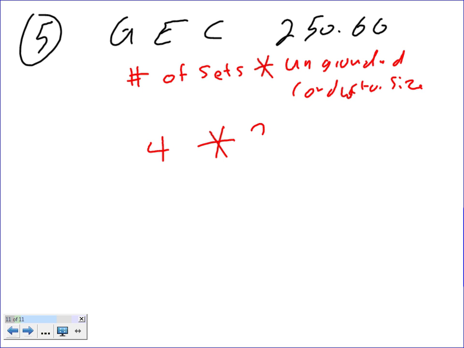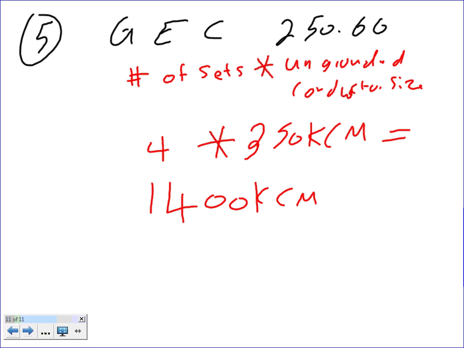350s. I want 350, guys. You said 350 kcmil. What's 4 times 350? 1400. 1400 kcmil.